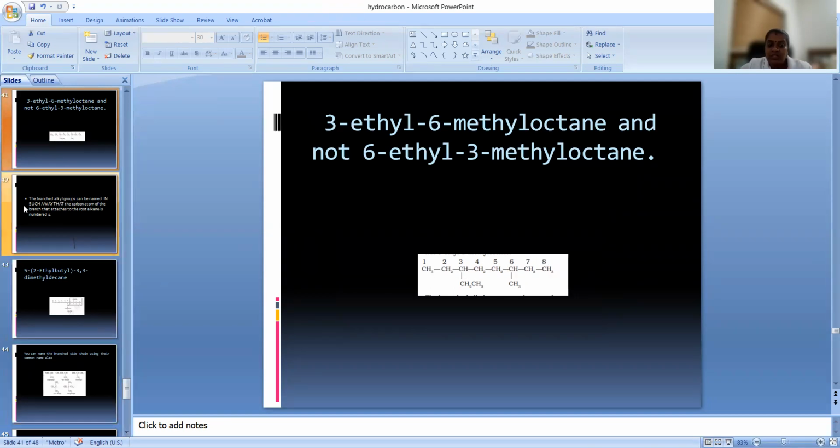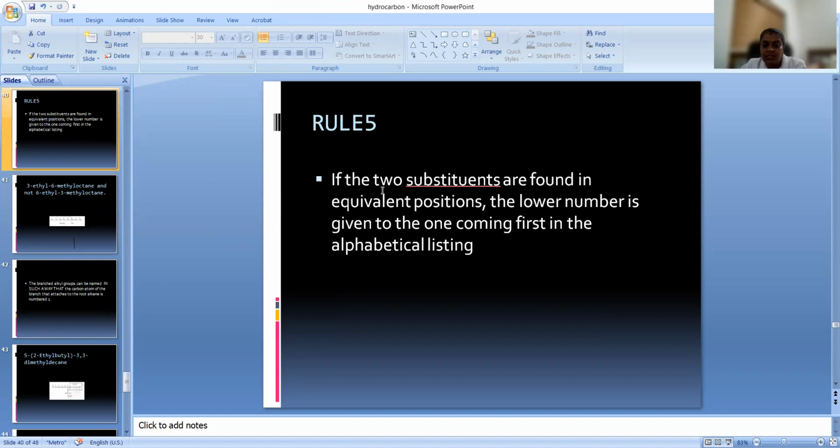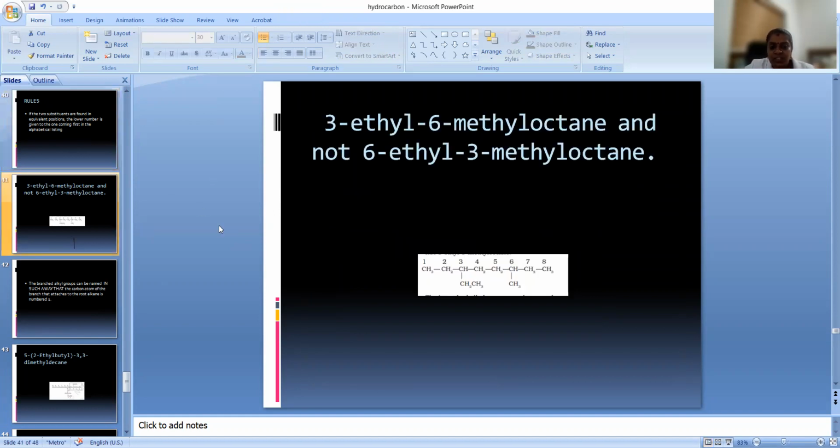So this rule is slightly different. Okay. This rule is a slightly different rule. If two substituents are found in equivalent positions, their positions are equivalent. So if the positions are equivalent, if you're numbering from this side and that side, you're getting the same numbers for the branches.